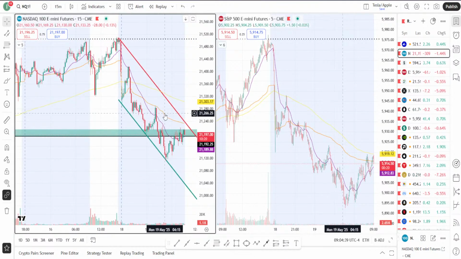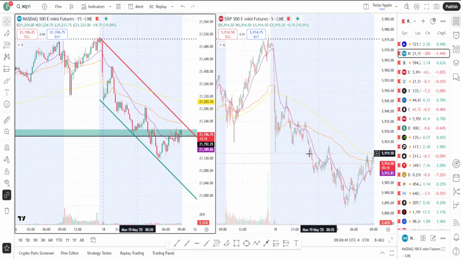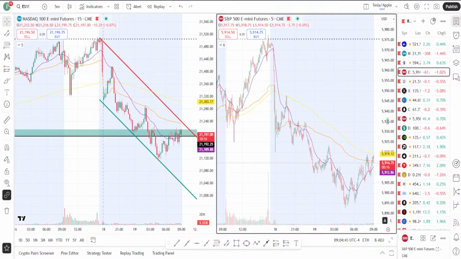Got a nice downtrend here on the NQ, ES as well.